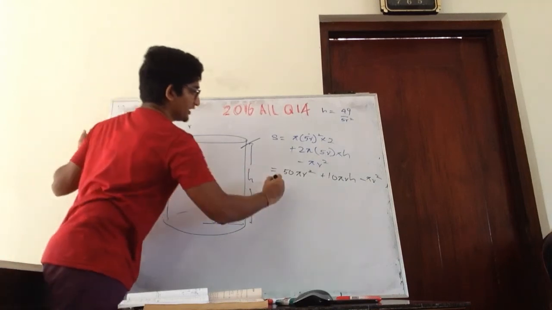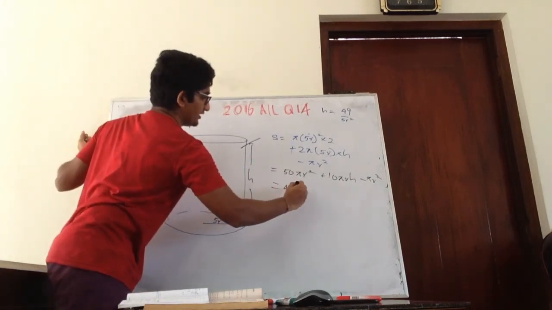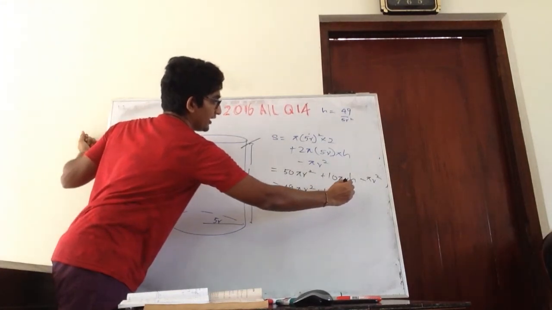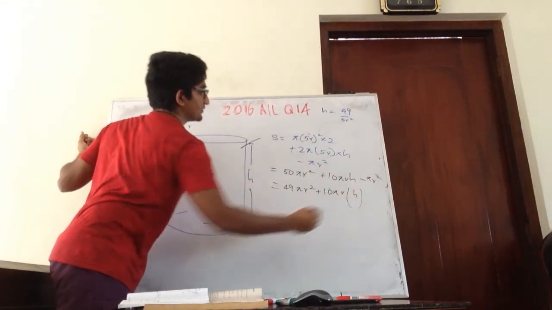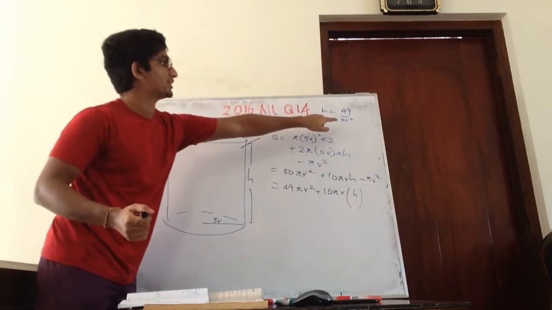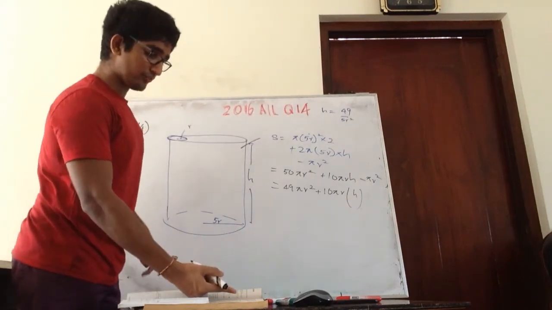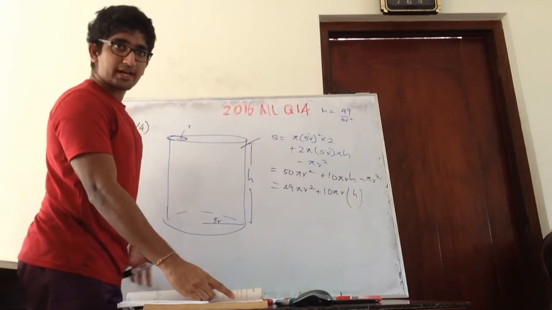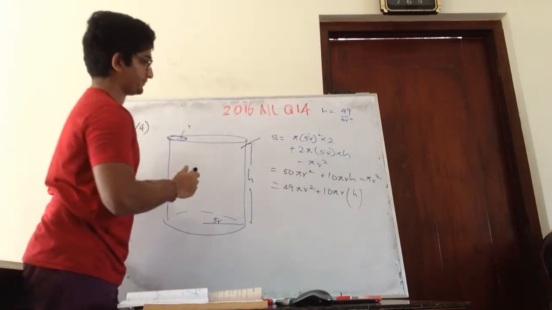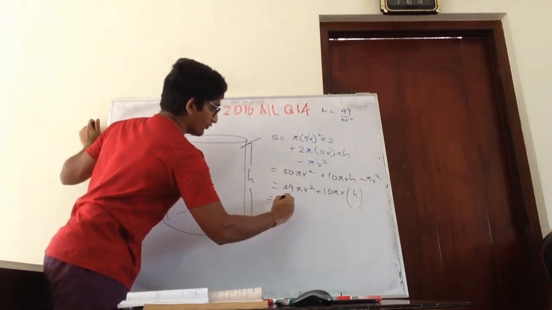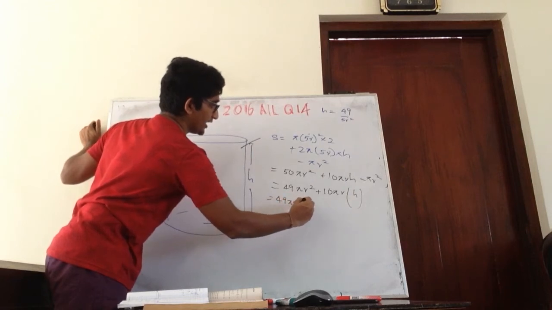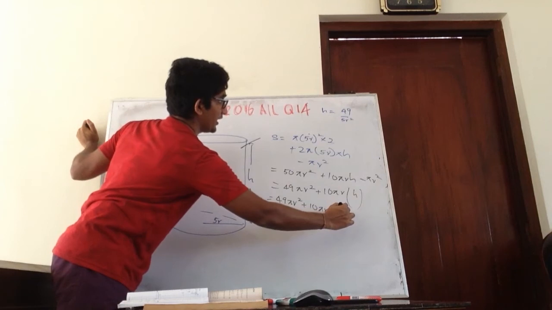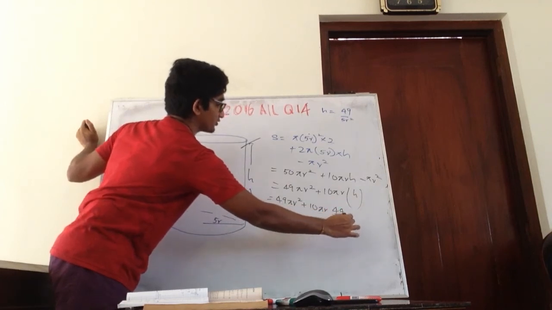So then I will get 9πr square plus 10πrh. For h I am going to substitute this, because in the answer of S, h is not there. So 9πr square plus 10πr, h is going to be 49 over πr square.